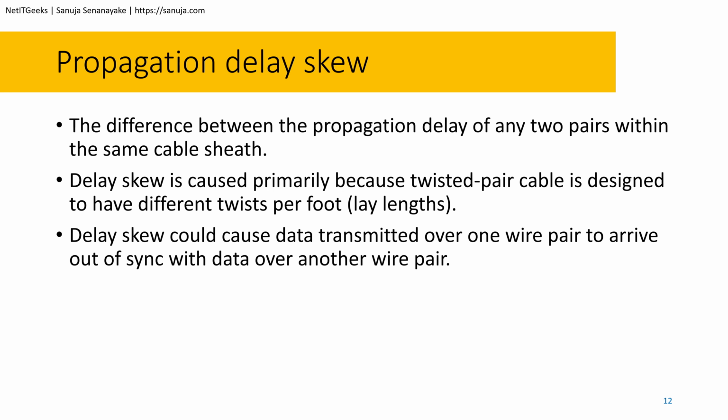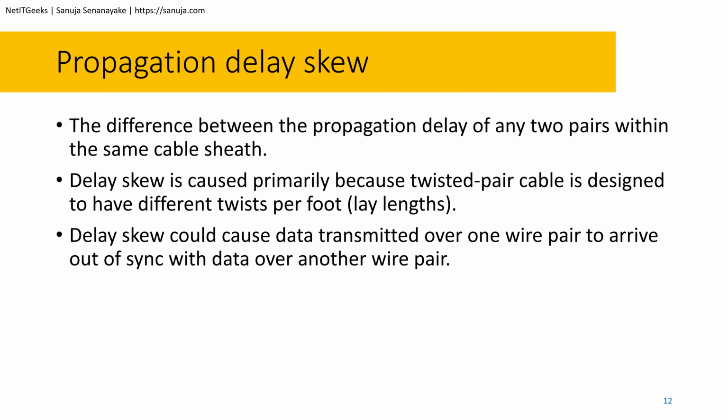The delay skew is caused primarily because twisted pair cable is designed to have different twists per foot, different lay lengths. So delay skew could cause data transmitted over one wire pair to arrive out of sync with the data over another wire pair, even in the same cable. So that's what the propagation delay skew is.